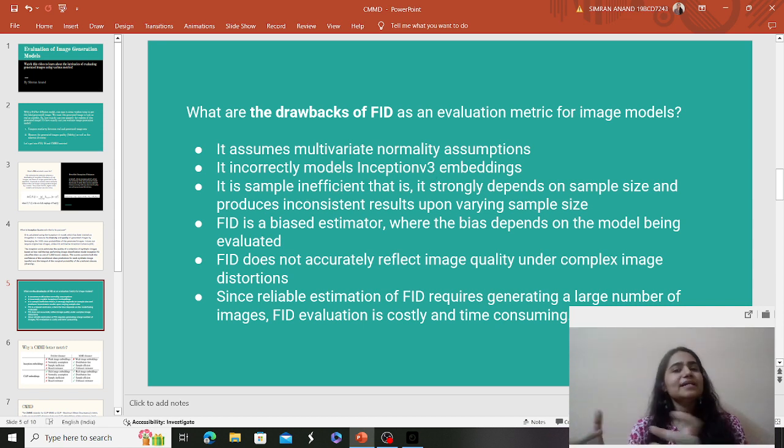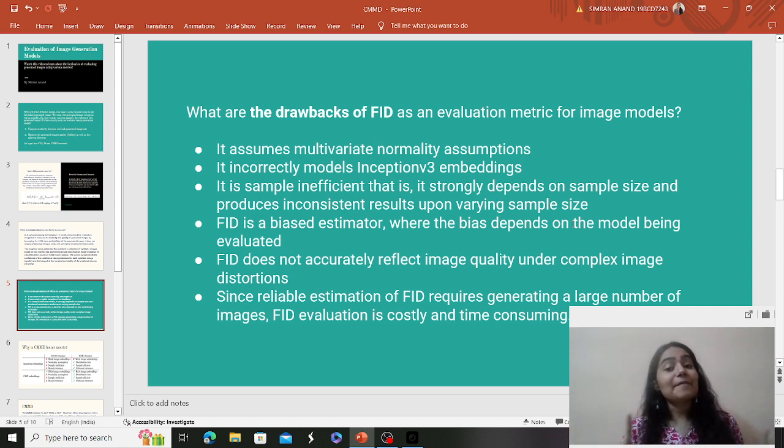What does sample inefficient mean exactly? Sample inefficient means it strongly depends on the sample size. When I say sample size, it's the number of images we used. So FID highly depends on sample size. If you change the sample size, it varies and produces inconsistent results. A small change in the sample size will drastically impact the FID performance.